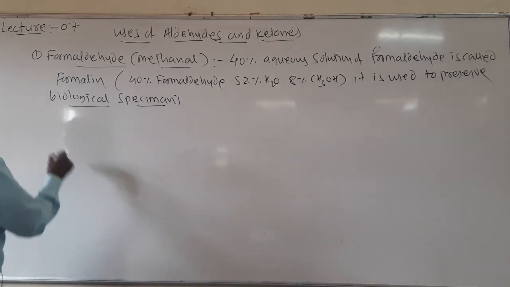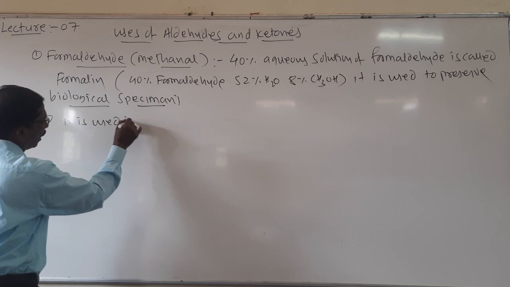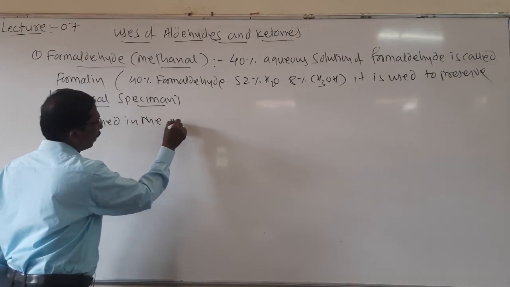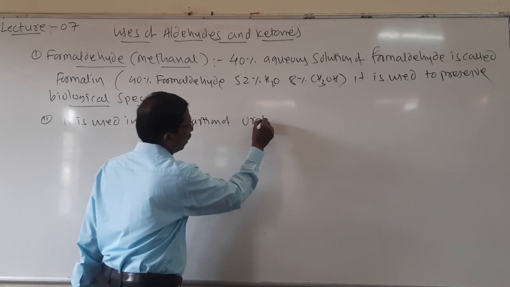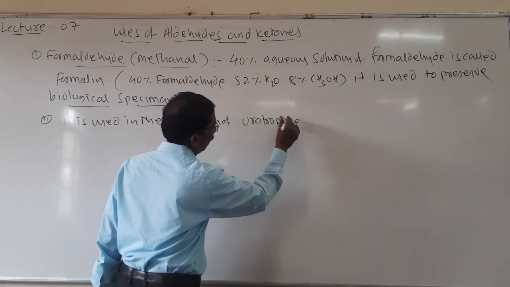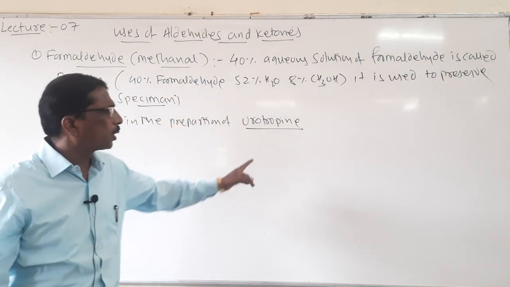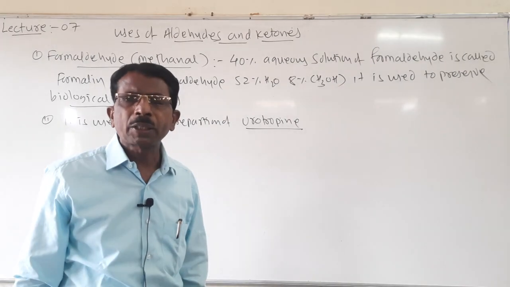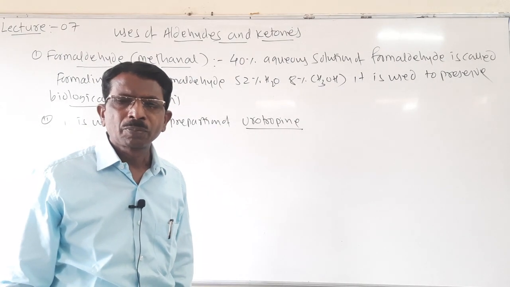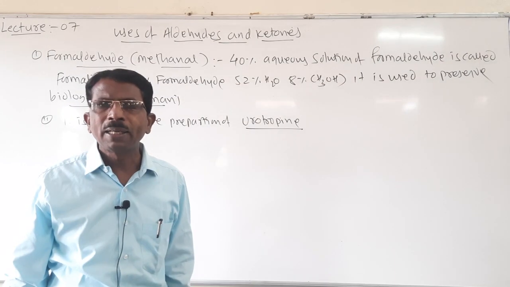And then second one, it is used in the preparation of urotropin, which is used as an antiseptic for urinary infection.